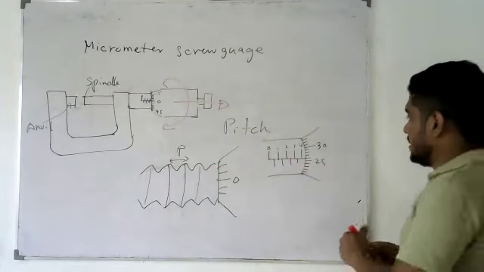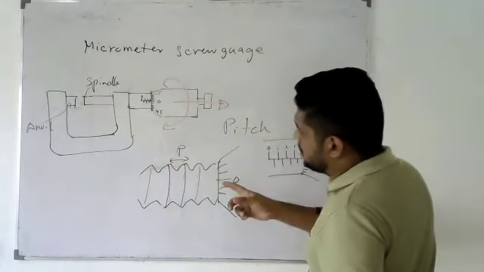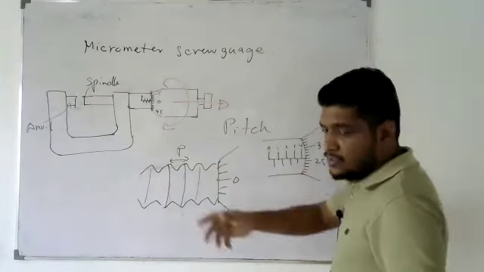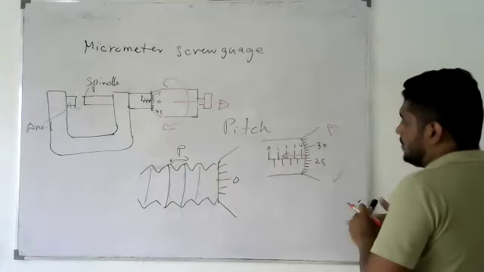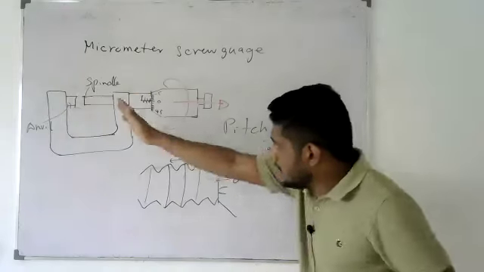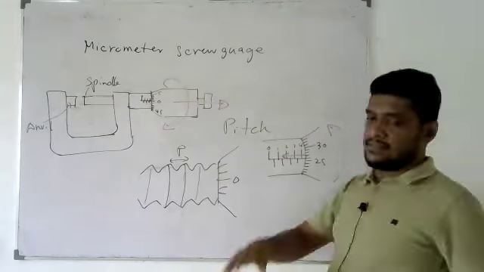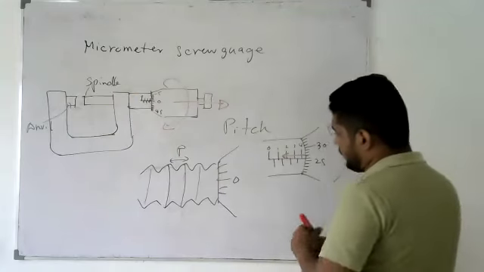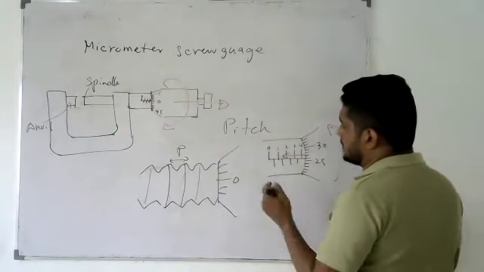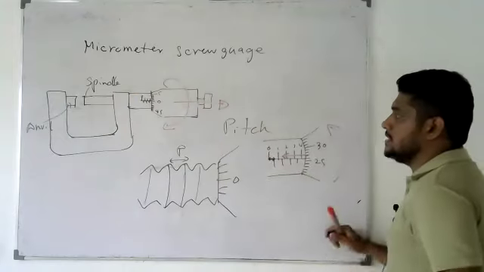When you rotate this the other way, which means the clockwise direction, the screw will tighten, which means this will move this way and it will cover the linear scale. And you can see the least count of the main scale is 0.5 millimeter.